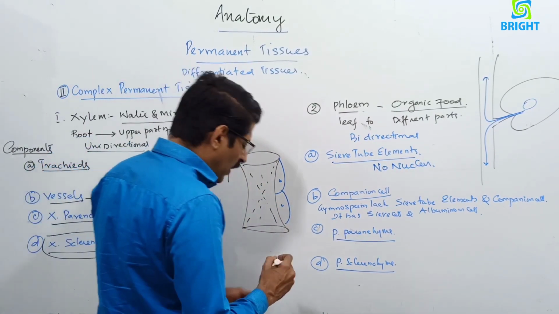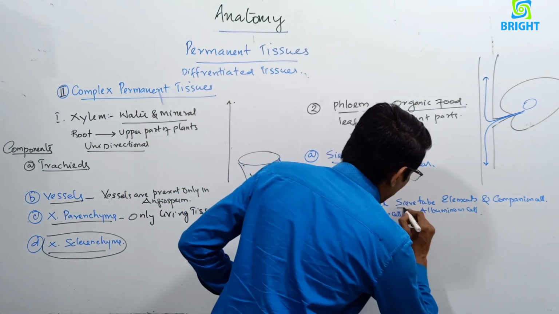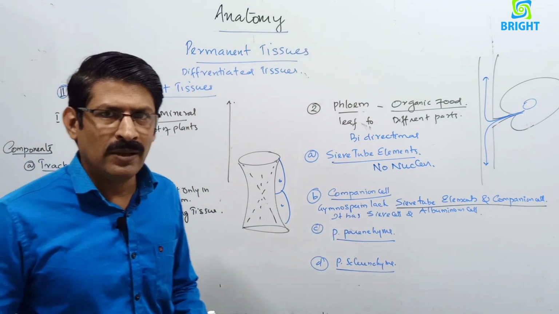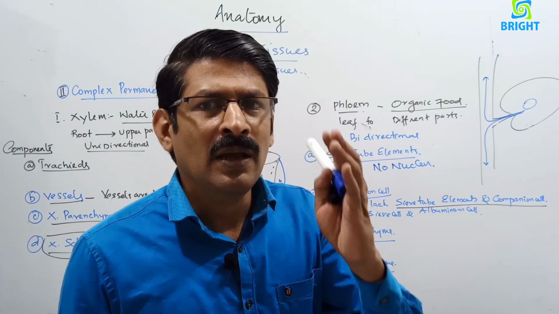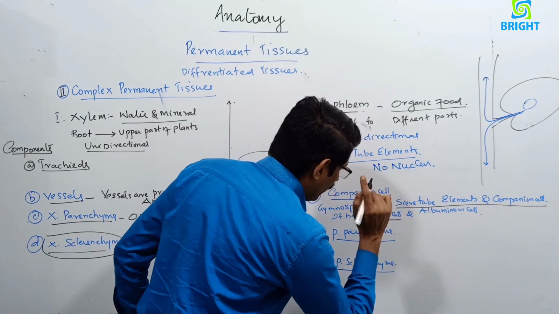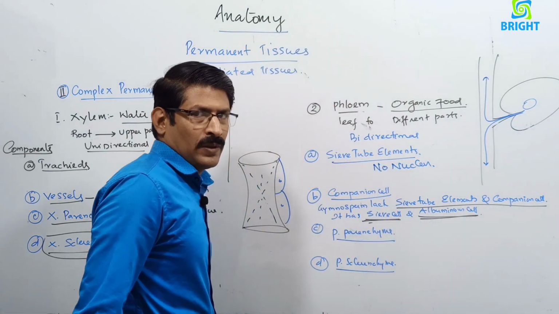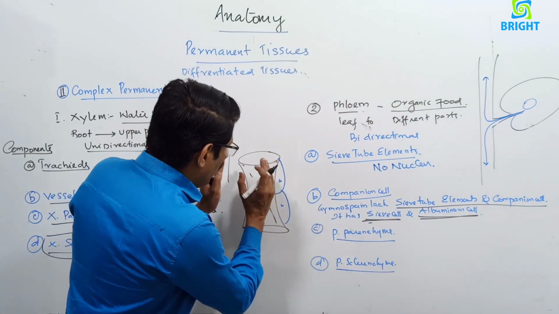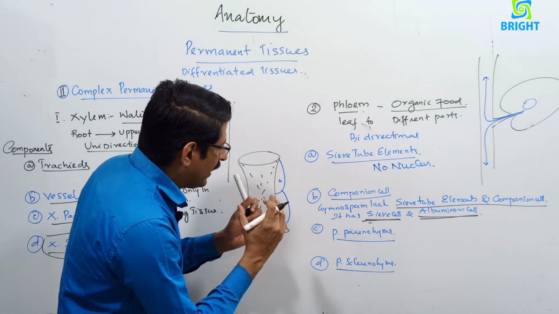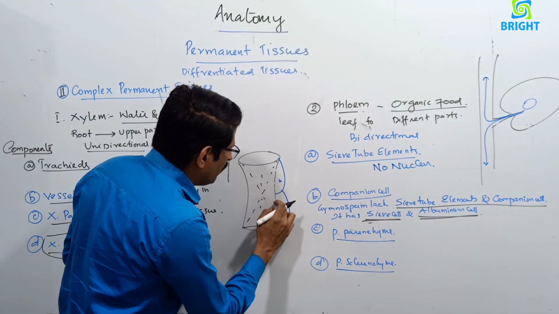In the case of gymnosperms, sieve tube elements and companion cells are absent, and they have sieve cells, not sieve tube cells, and albuminous cells are present. So sieve tube elements and companion cells are compactly arranged, closely packed, and there are plasmodesmatal perforations.